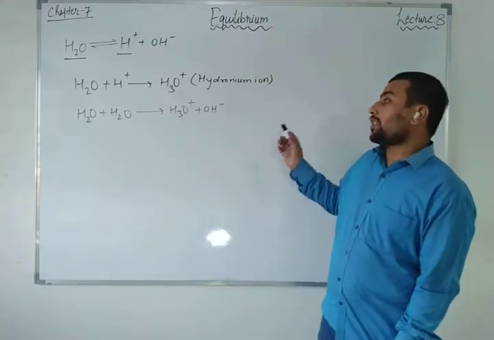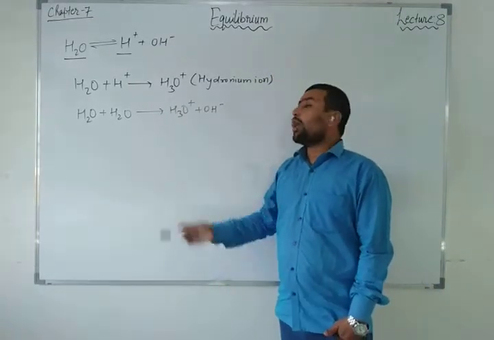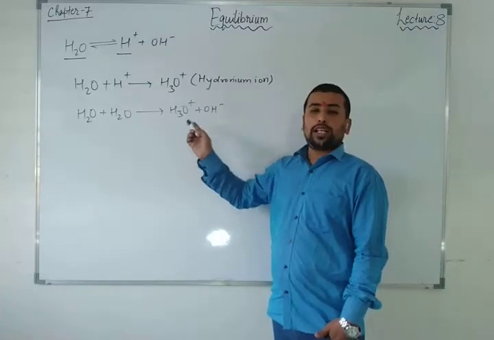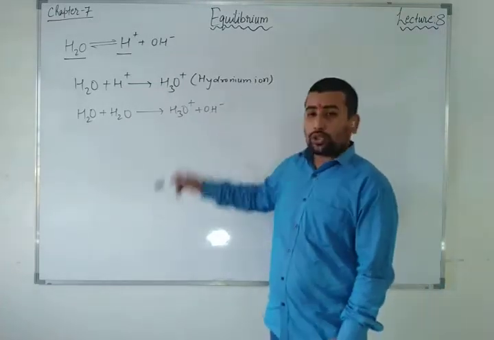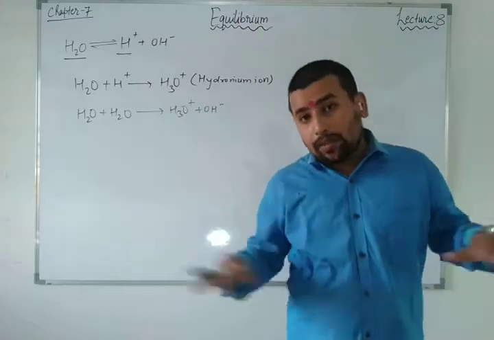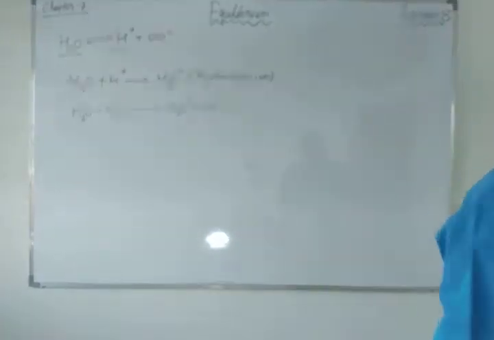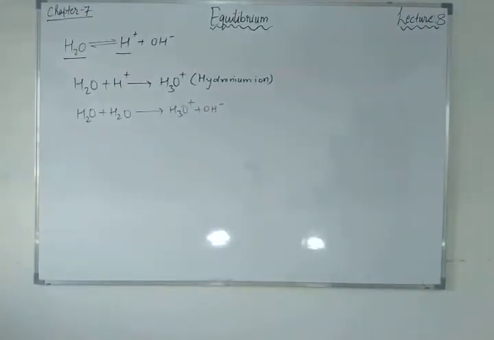And OH minus will again react with the next water molecule, and this will continuously go on. So if I talk about this acid base pair, you can say here that H3O plus is a conjugate acid.